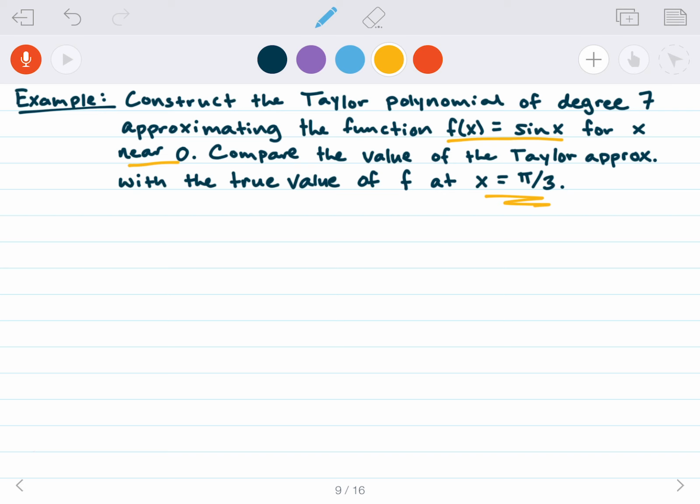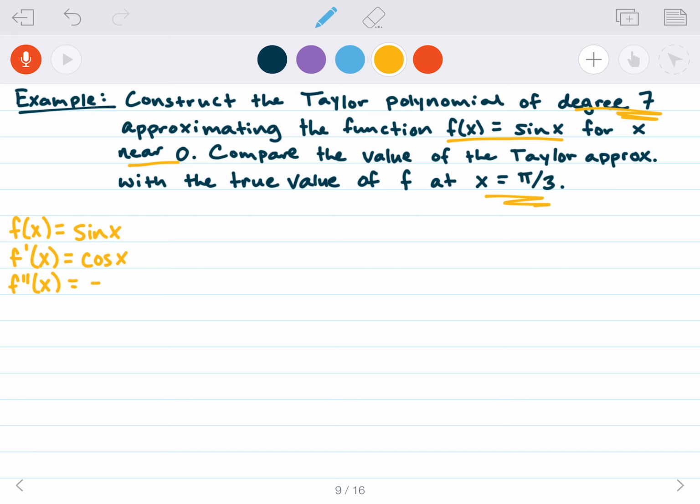Okay, so what I'm going to do on this left side is I'm just going to start with f of x. That's just my basic function, which is sine of x. Now, this is going to be boring, so skip ahead if this is boring for you. F prime of x is cosine of x. F double prime of x. We're going all the way to 7 here, guys, because that's what we're looking for, a degree 7.